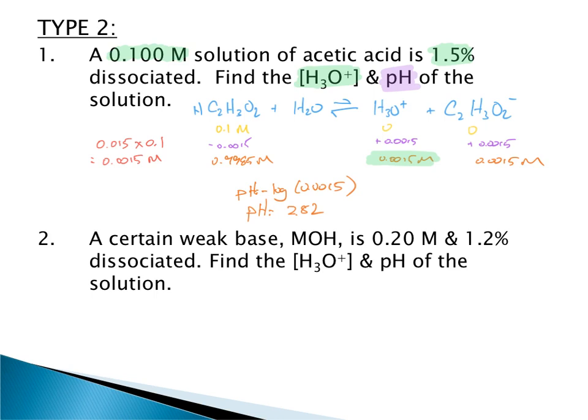Okay? So now actually, we're just going to make a wee change here. It's not going to be the hydronium ion concentration that we're going to look for, because we are talking about a base. We're going to look for the hydroxide ion concentration, and we will look for the pH after we find that.